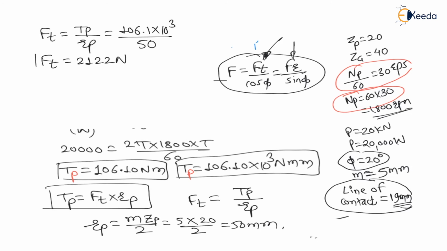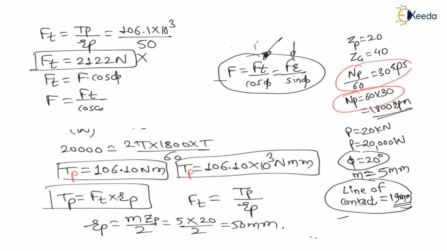2122 newton. But my dear students, this is the tangential force and this is not your answer. They are asking for the total force, and this tangential force Ft is equal to total force into cos phi. Therefore total force is equal to tangential force divided by cos phi, which is 2122 divided by cos 20.